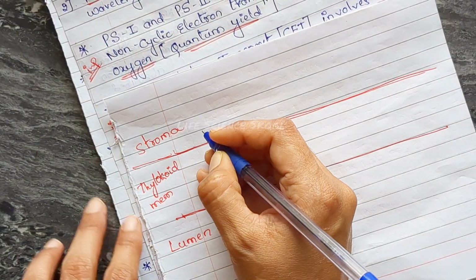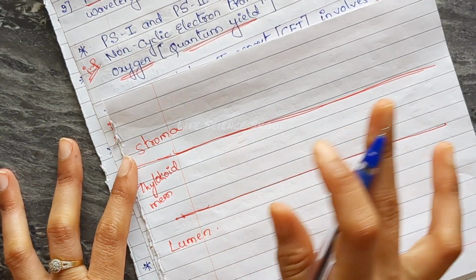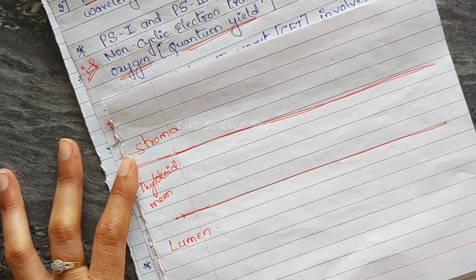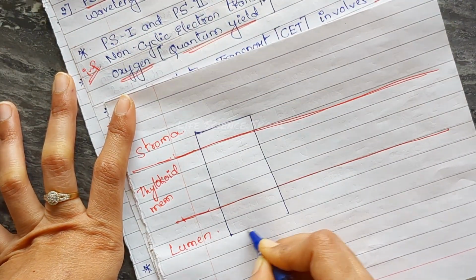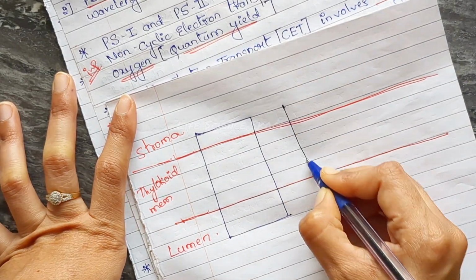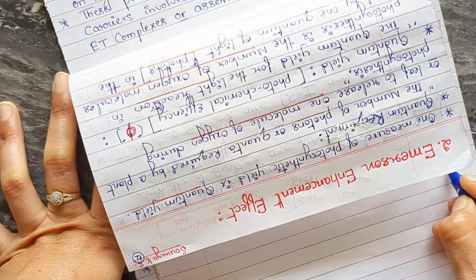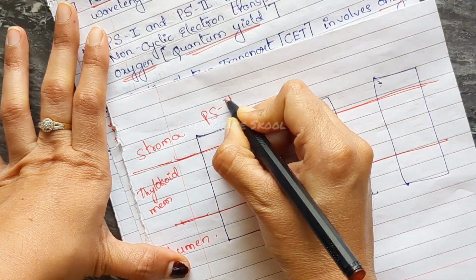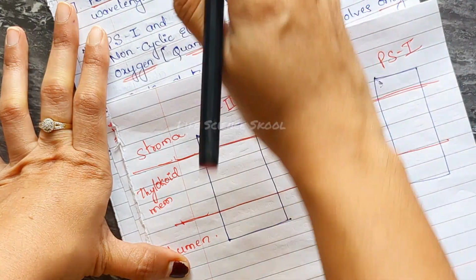And by the Emerson enhancement effect, we got to know that there are two systems, that is photosystem 1 and photosystem 2. So this is photosystem 2 and photosystem 1.